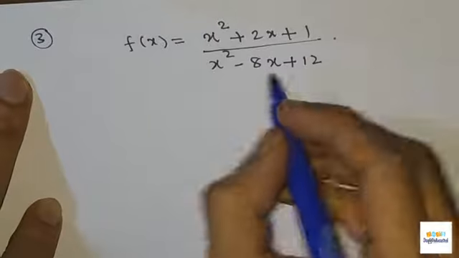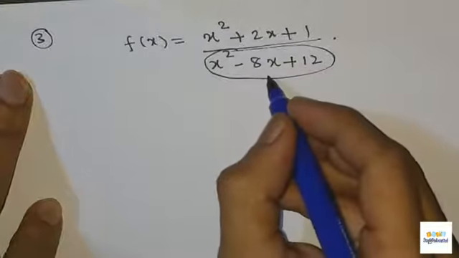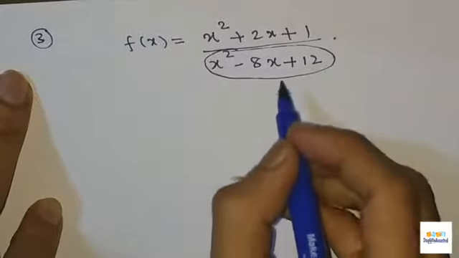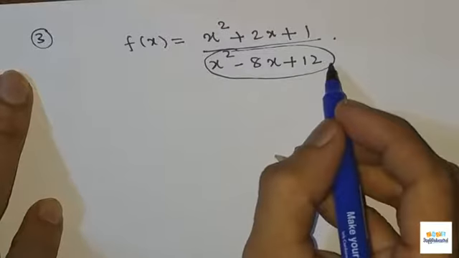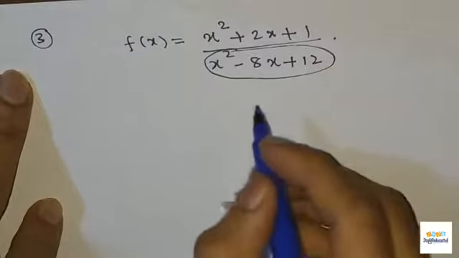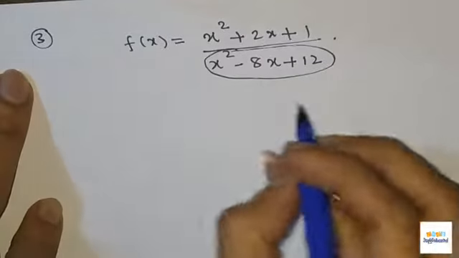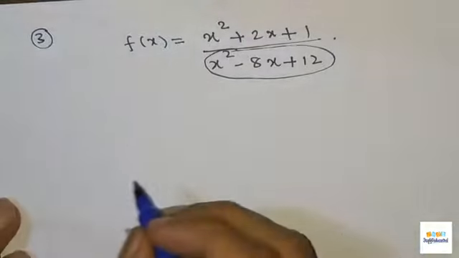Okay, now you can see that if this quantity in the denominator becomes 0, then the function will not be defined. So we have to check for which values this quadratic expression becomes 0, and we have to remove all those values from the real numbers. Okay, that is how we will get the domain of the function f(x).